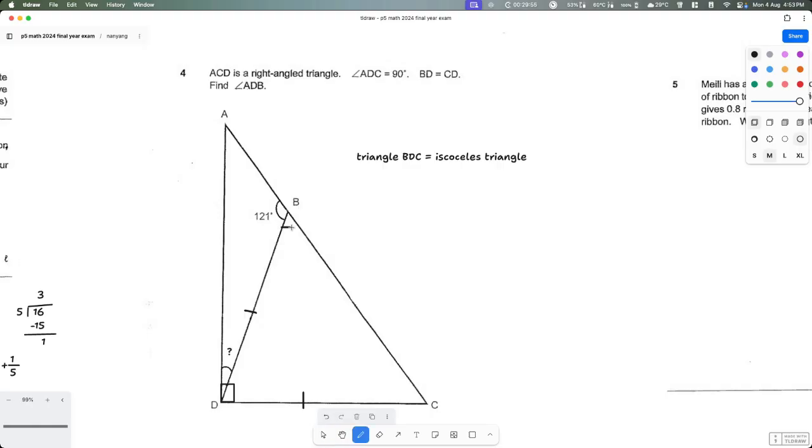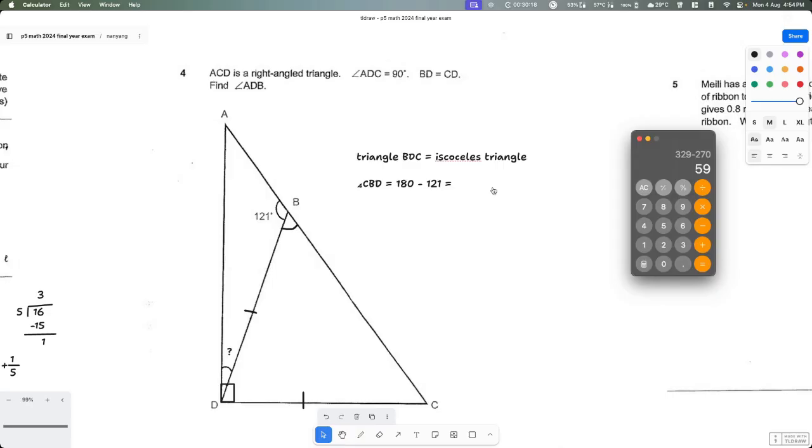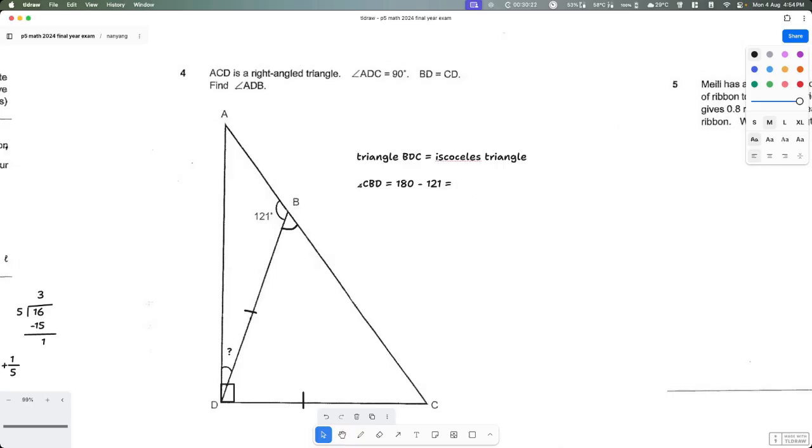So this angle is angle DBC. In this case, angle CBD is equal to 180 minus 121. Let's use the calculator: 180 minus 121 becomes 59 degrees.